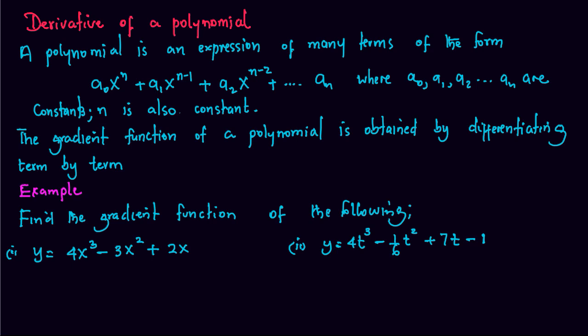The gradient function of a polynomial is usually obtained by differentiating term by term of the polynomial.